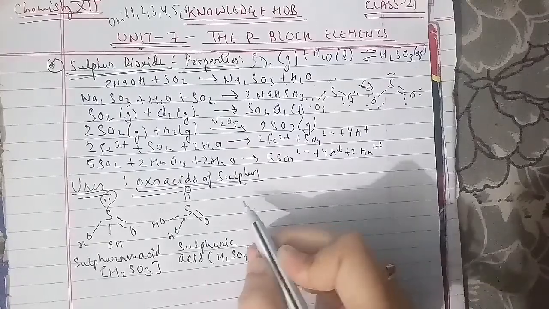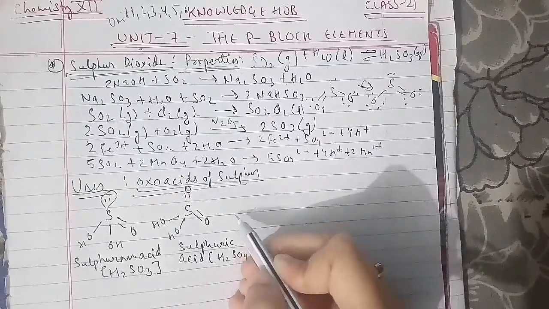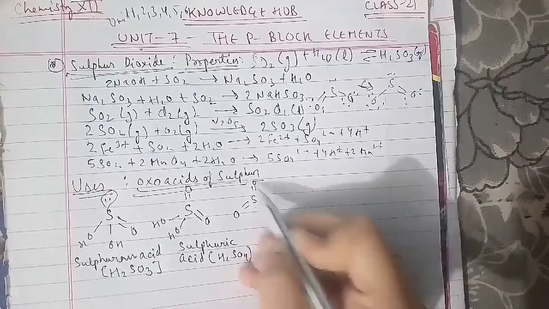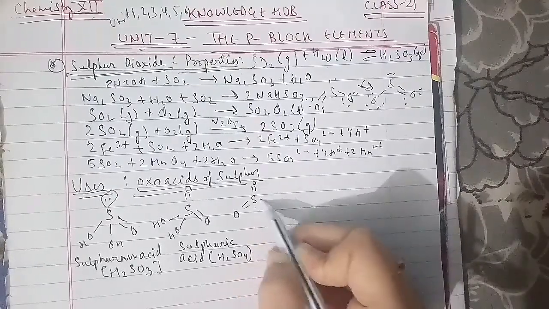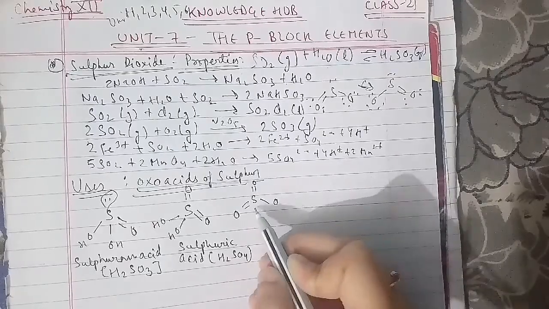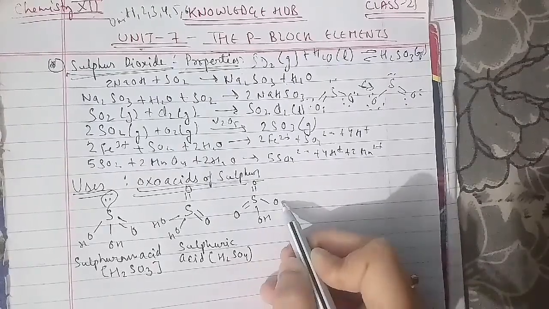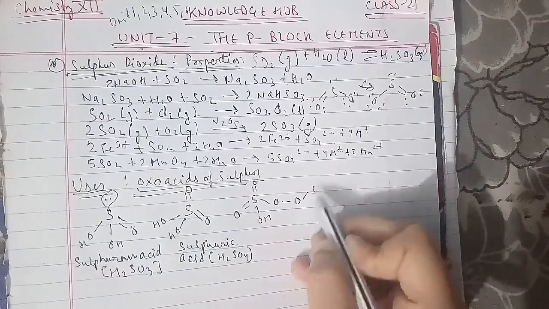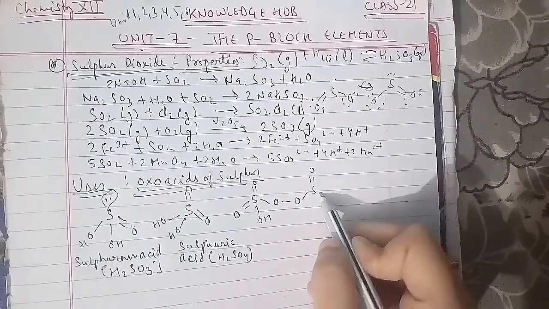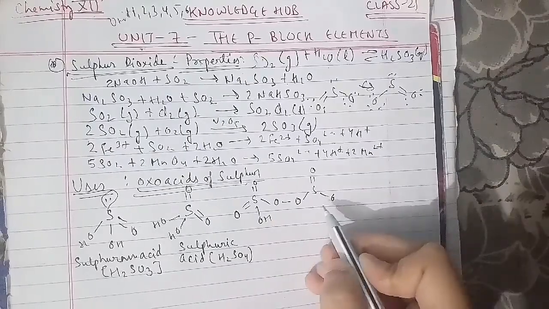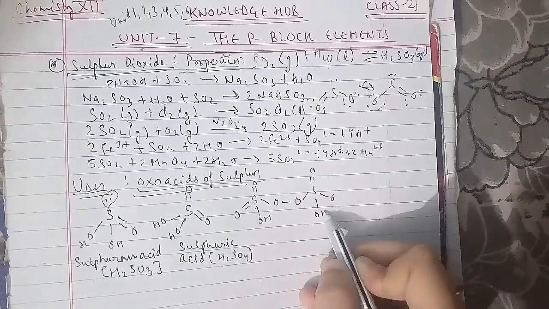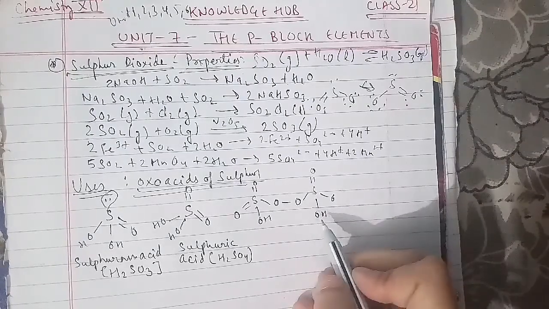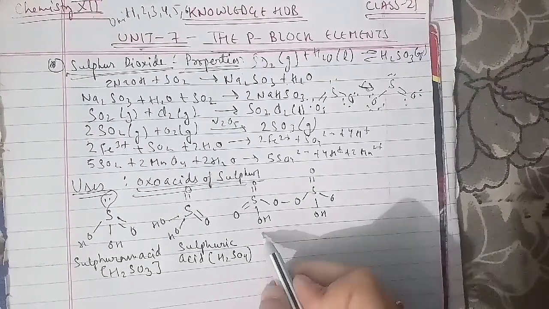So this is your peroxodisulfuric acid. Write the name here: peroxodisulfuric acid, and the formula for this we have H2S2O8, which is known as Marshall's acid as well.